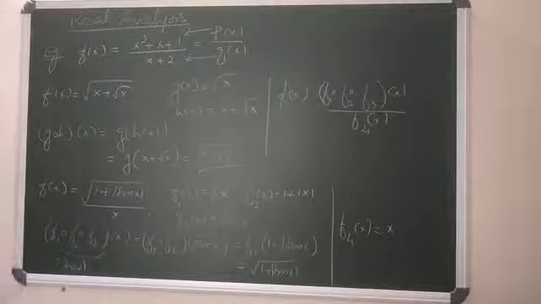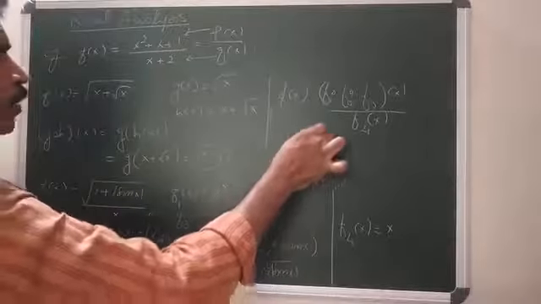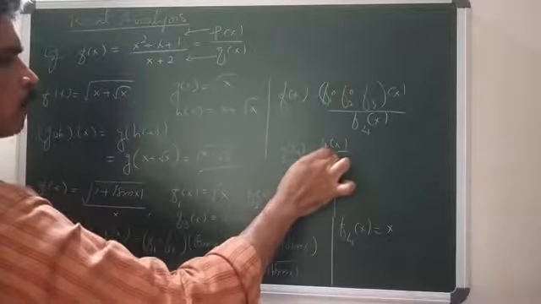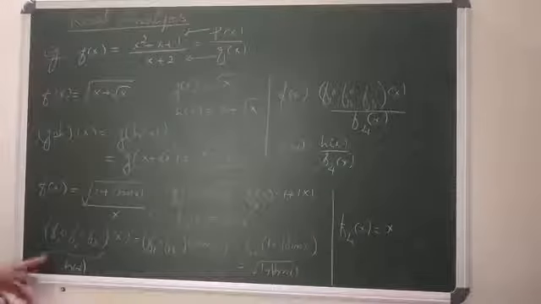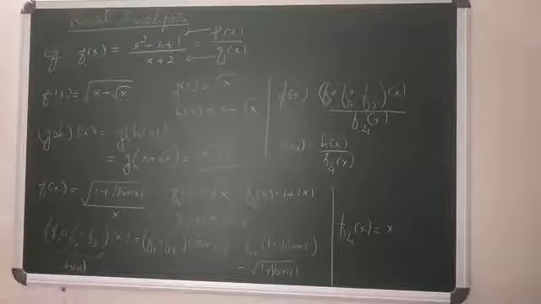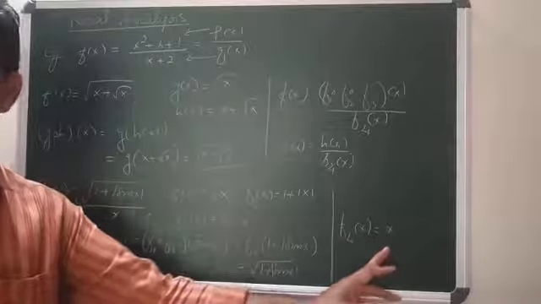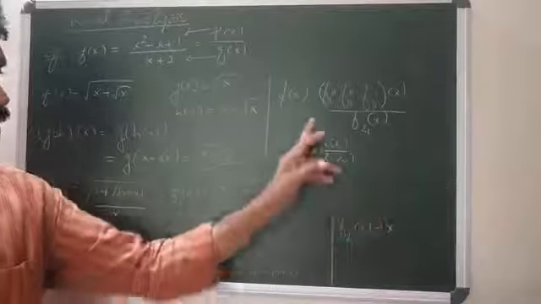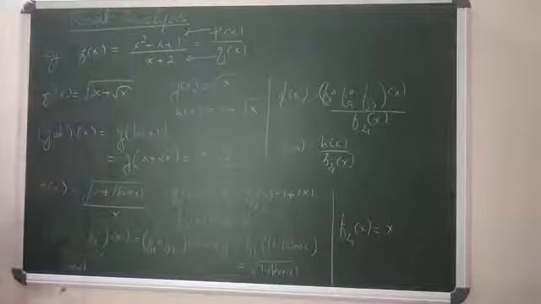Suppose it is h of x. So clearly this f of x is nothing but h of x by f4 of x. Agree? So we know that h of x, this composition, is continuous. Moreover, f4 of x equals x is also continuous, and the rational function is also continuous. So finally f of x is continuous.